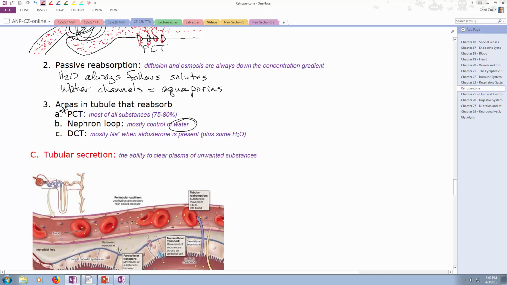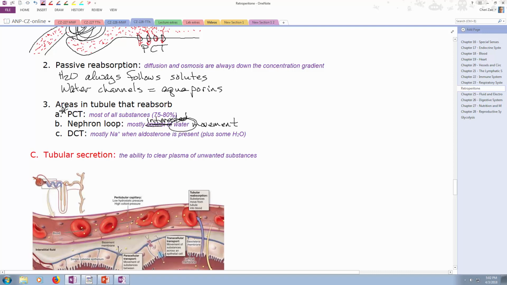But I don't want to say mostly control of water, because the PCT is going to be the biggest controller of water, but we're mostly interested in water movement.